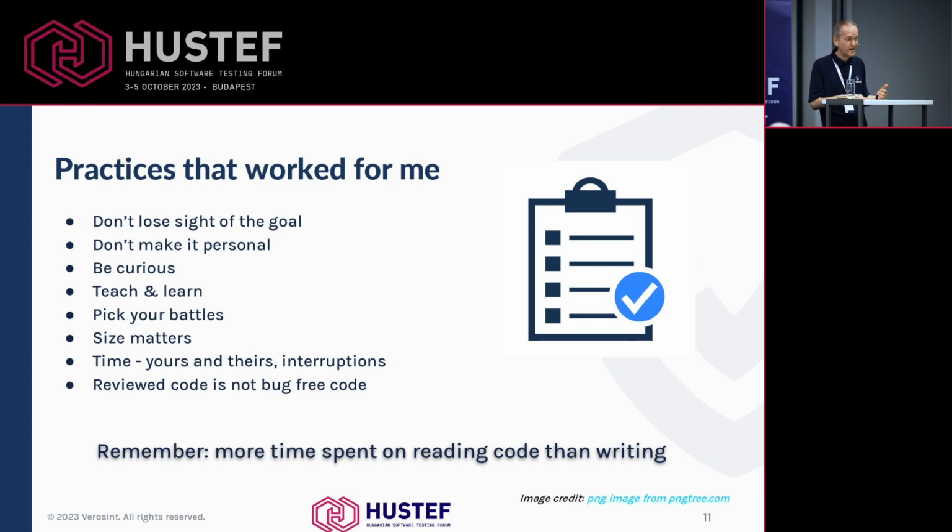So I told him, I reviewed that code, so why don't you blame me? It's all a team sport. The other thing that people often don't realize is that, at least in my profession, I spend more time reading code than writing it. So getting better at it is a good exercise.